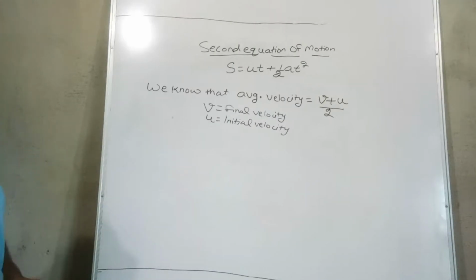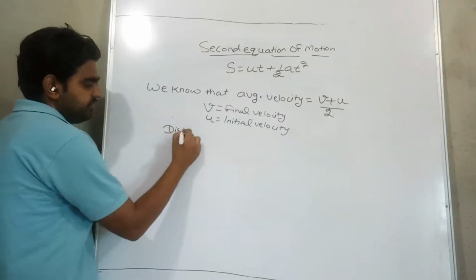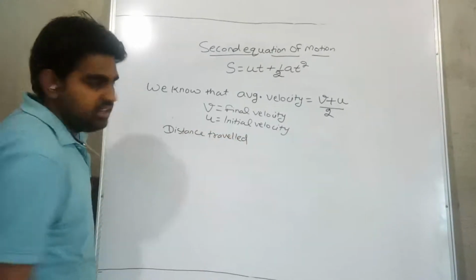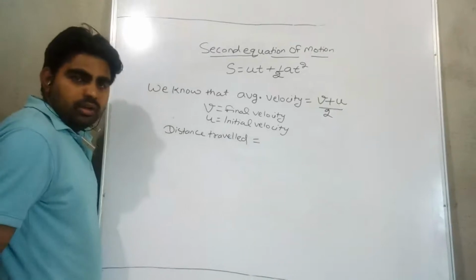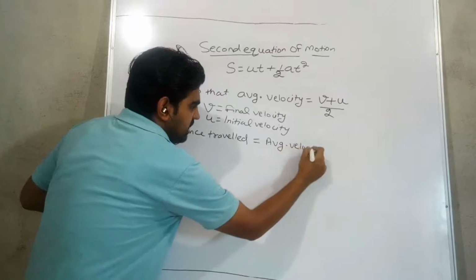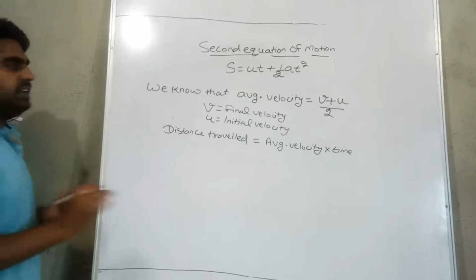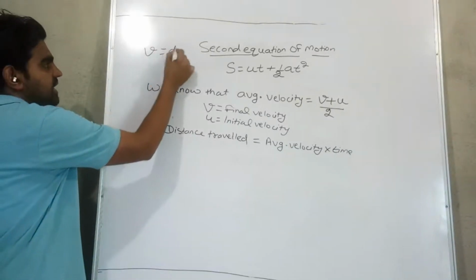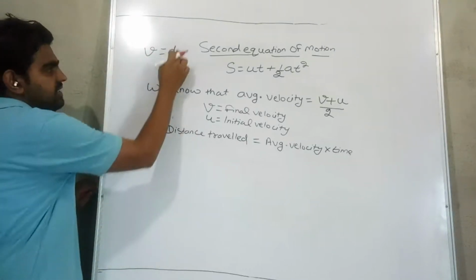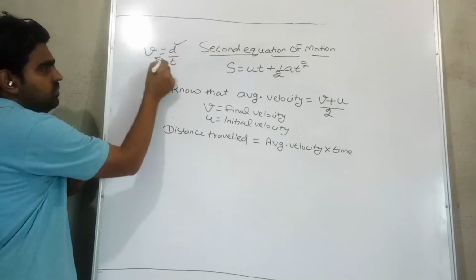The next step is to find the distance traveled. The distance traveled equals average velocity into time. We know that velocity equals distance upon time, so distance is velocity into time.